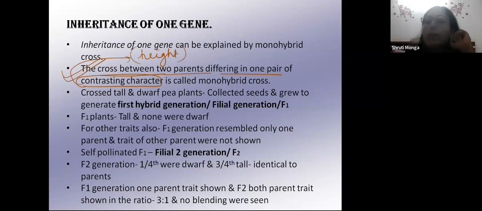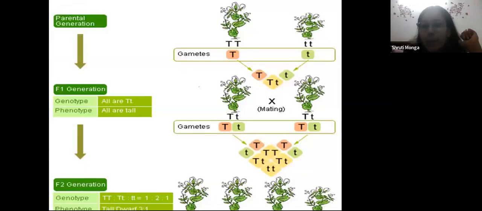In Mendel's experiment, the cross between two parent plants which differ in one pair of contrasting characters is known as the monohybrid cross. So we have to see the monohybrid cross of Mendel's experiment.